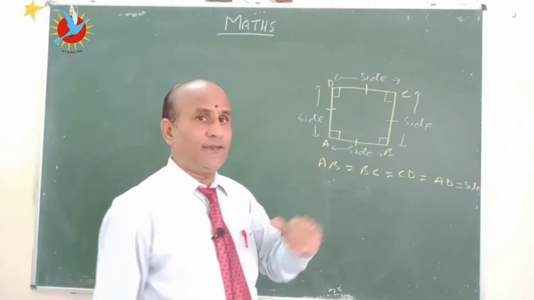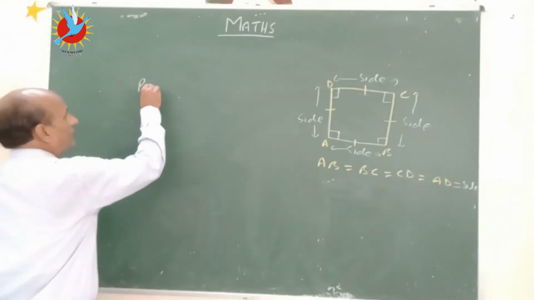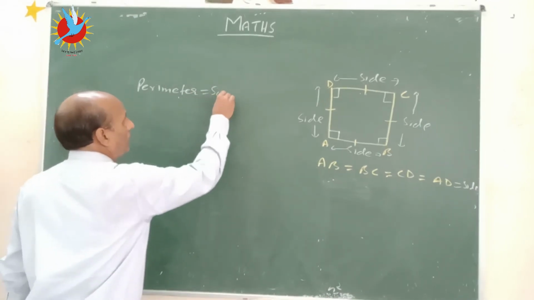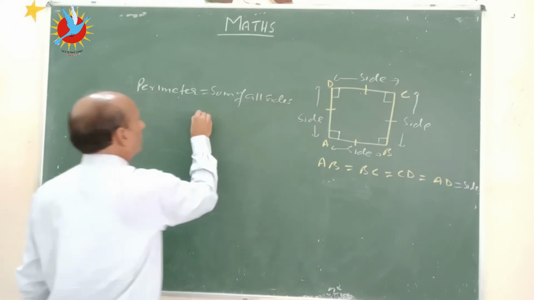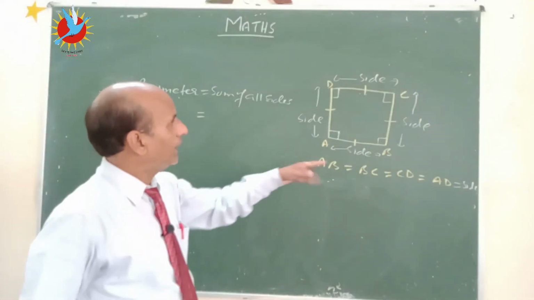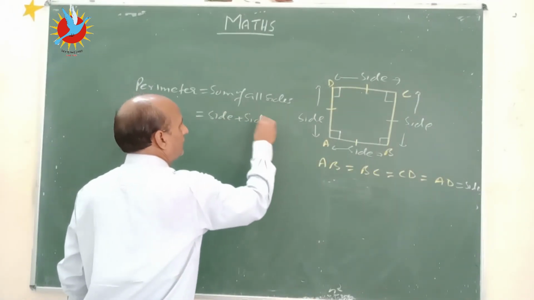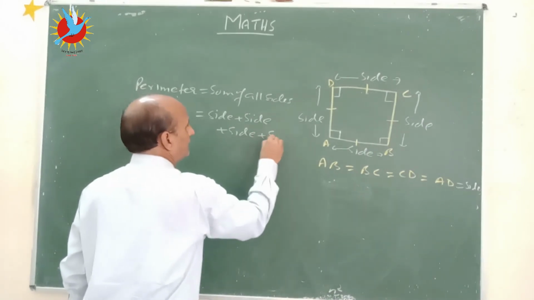First we have to find the perimeter of the square. So perimeter is the sum of all sides. Now here we have four sides: side plus side plus side plus side.